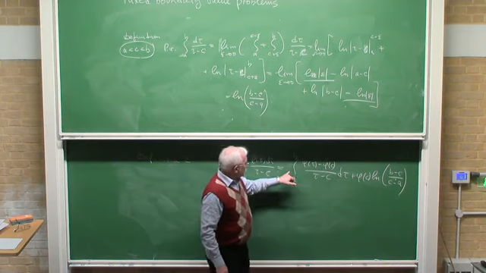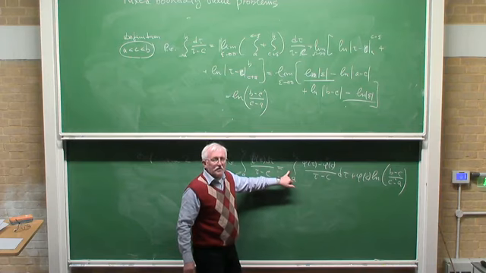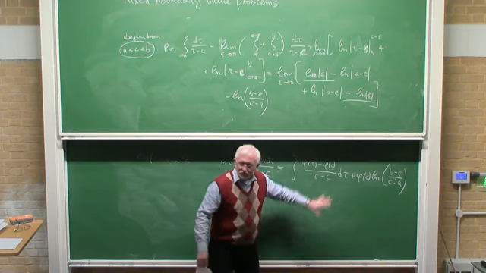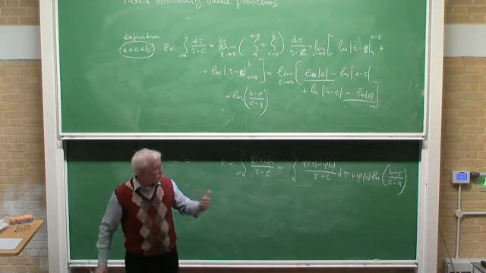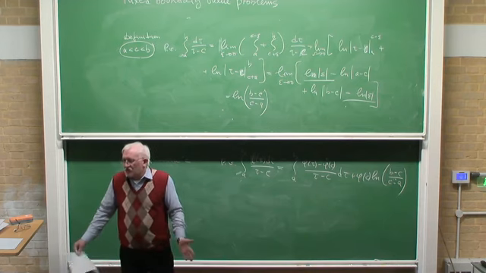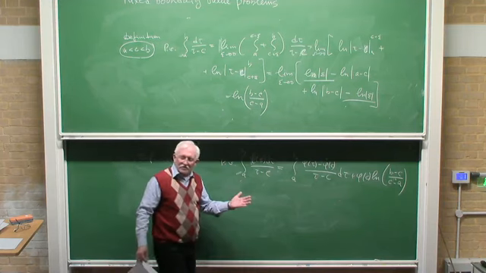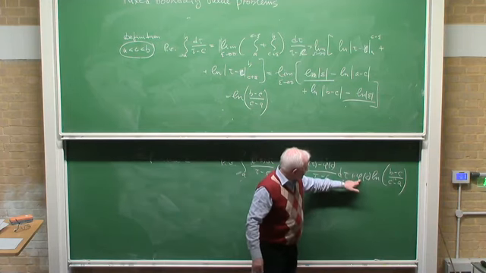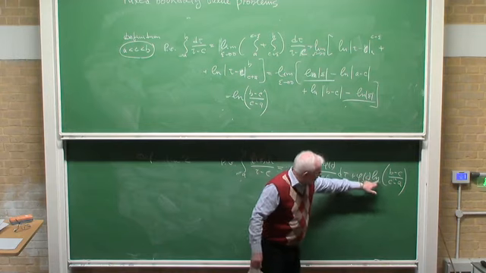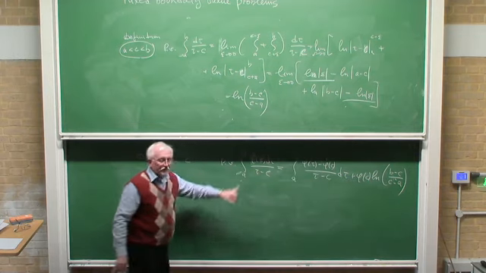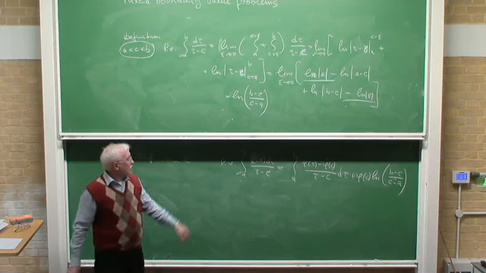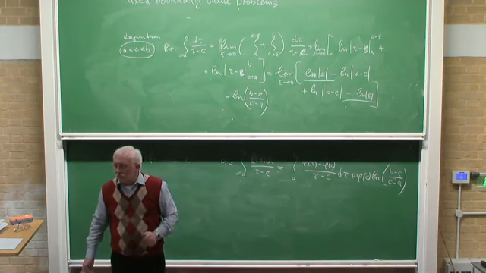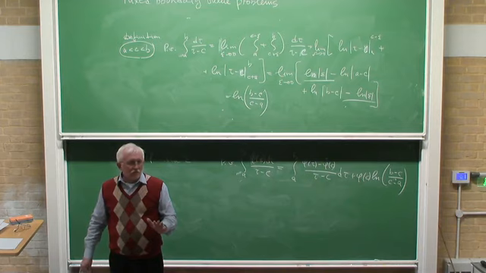So this is not a principal value integral, it's a standard integral. And the rest, we add phi of c multiplied by the value of that integral calculated with phi equal to 1.